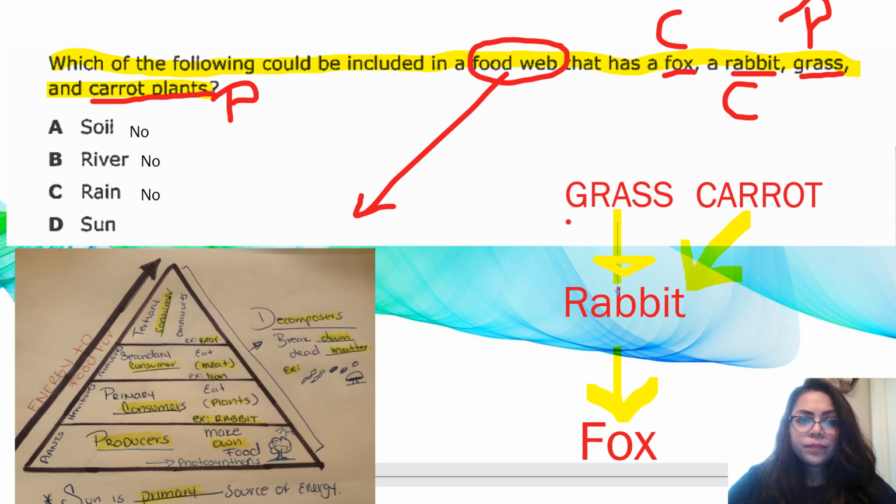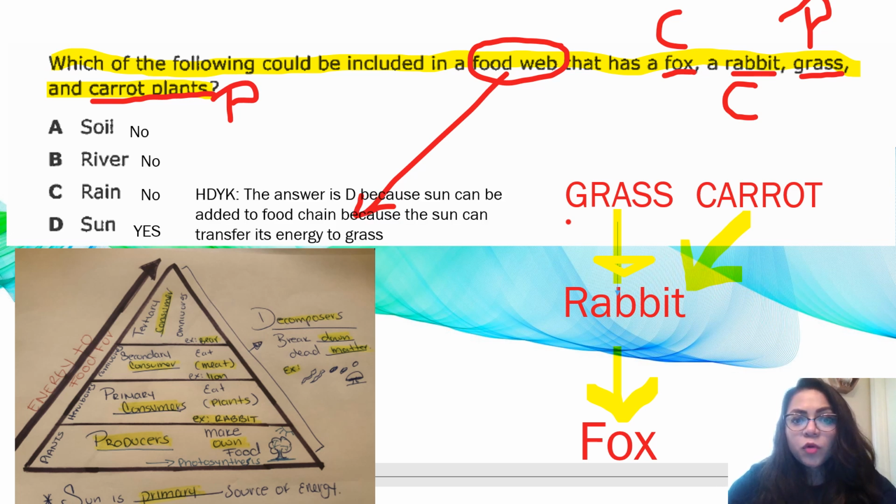No. D. Can the sun give energy to any of these organisms? Yes. The sun is actually the primary source of energy, the original source of energy. The sun will give the energy to the grass and the carrot.